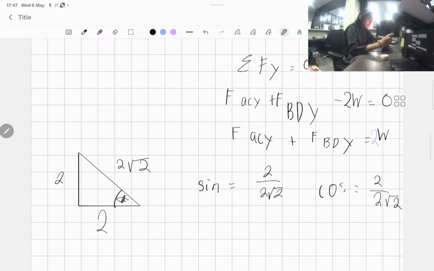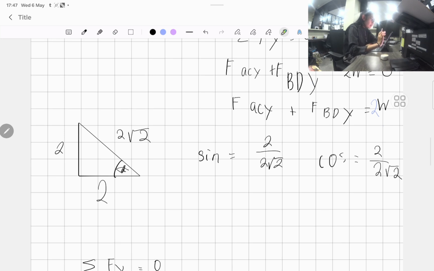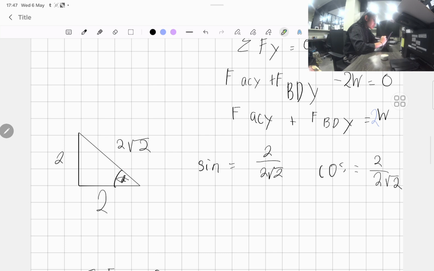Now, after we have confirmed the formula, the next thing we need to do is find the vector components. As you can see, we have to find the sine and the cosine. In order to find sine, we have to find the value in front of the alpha, and also the diagonal side, hence this is 2 over 2 root 2.